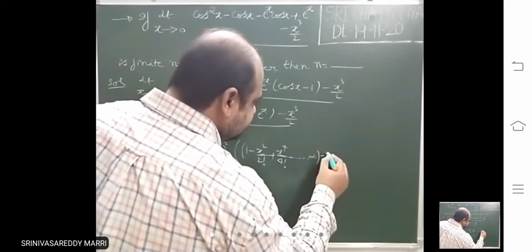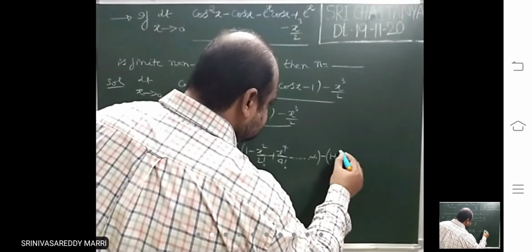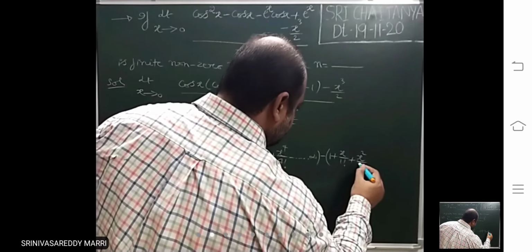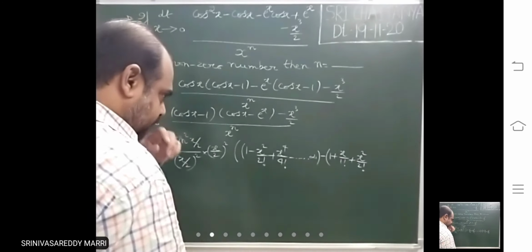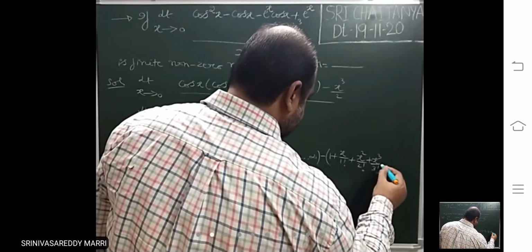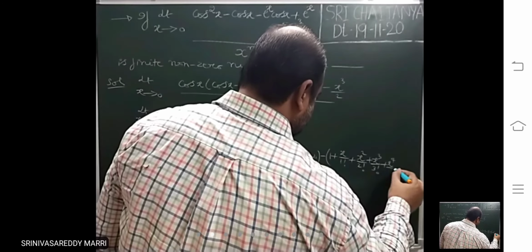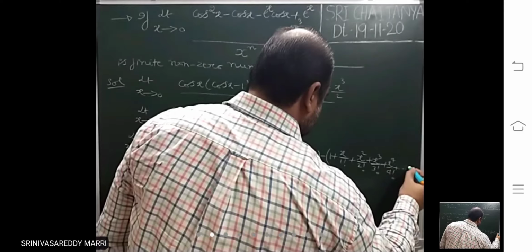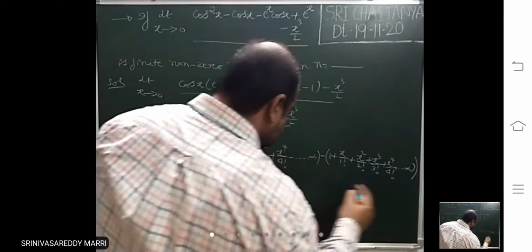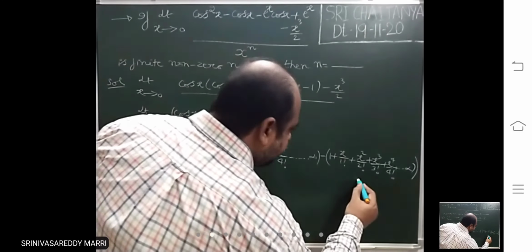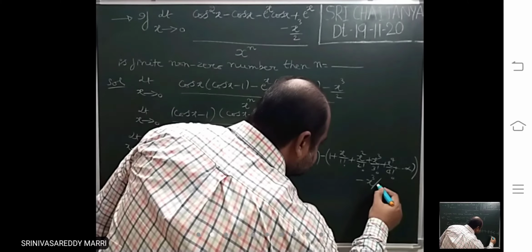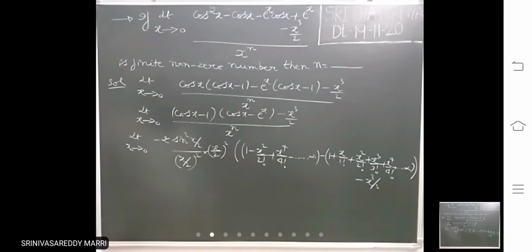Minus the e power x series, what is that? 1 plus x by 1 factorial plus x square by 2 factorial plus x cube by 3 factorial, till 4 I will write, and so on to infinity. So this is cos x minus e power x, and outside x cube by 2 is there, right?